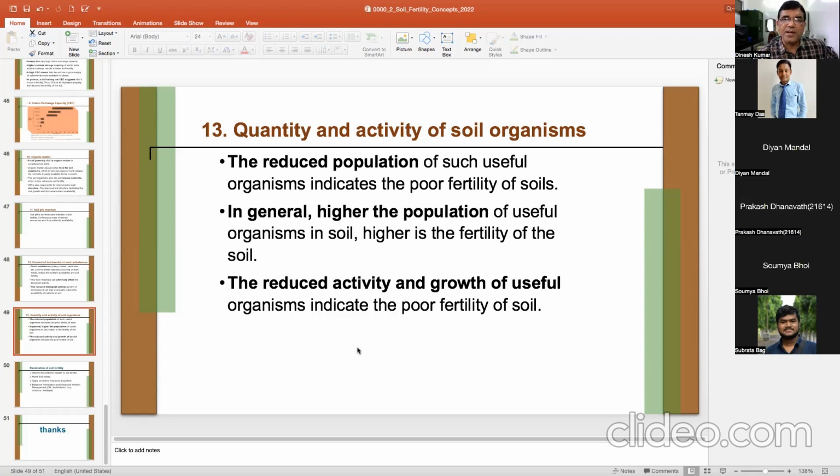So indirectly or directly, you can say the presence of a higher number of microbes, higher biomass of microbes, indicates better fertility compared to lower population. In general, the higher the population of useful organisms in soil, the higher is the fertility. The reduced activity and growth of useful organisms indicate poor fertility. Whatsoever it is, fertility will be poor.